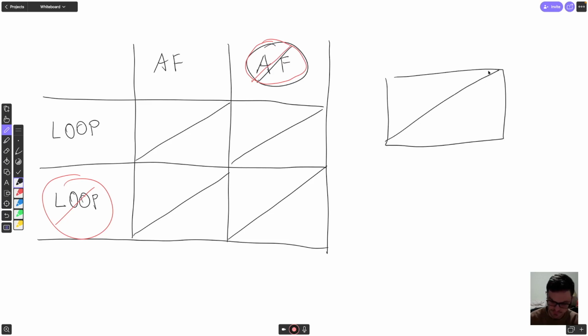So here we're going this way, and in this bottom part we're going this way, and you'll see what I mean. And then here we'll have red is never, blue is sometimes, and green is always.